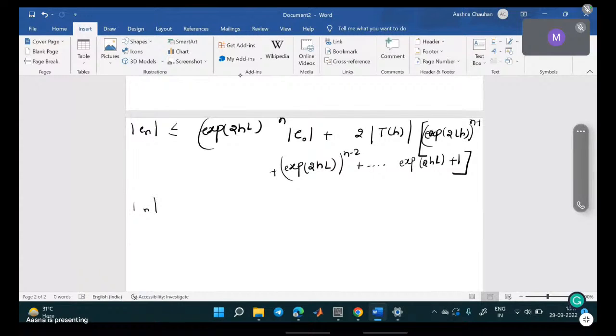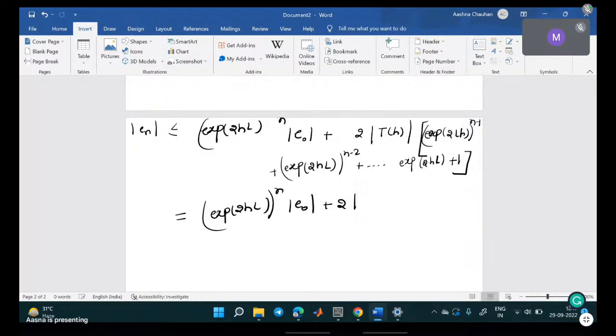Okay, so mod e n is, I'm not converting it into an inequality, it is equals to exponential of 2hl whole power n mod e naught plus twice of mod th. This is mod. And I'm replacing every term.